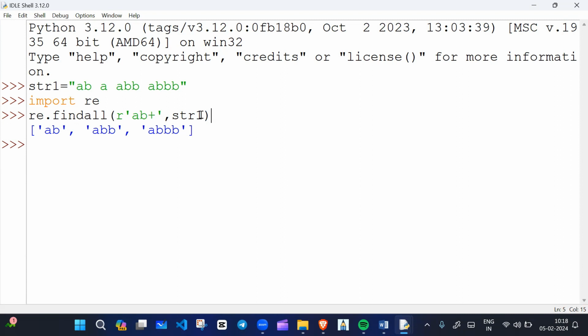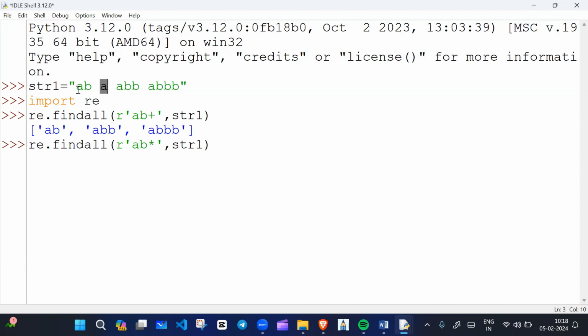Suppose, for example, instead of writing b+, I write b*. Asterisk means zero or more b's. If b is not there, then it will give the result a alone.